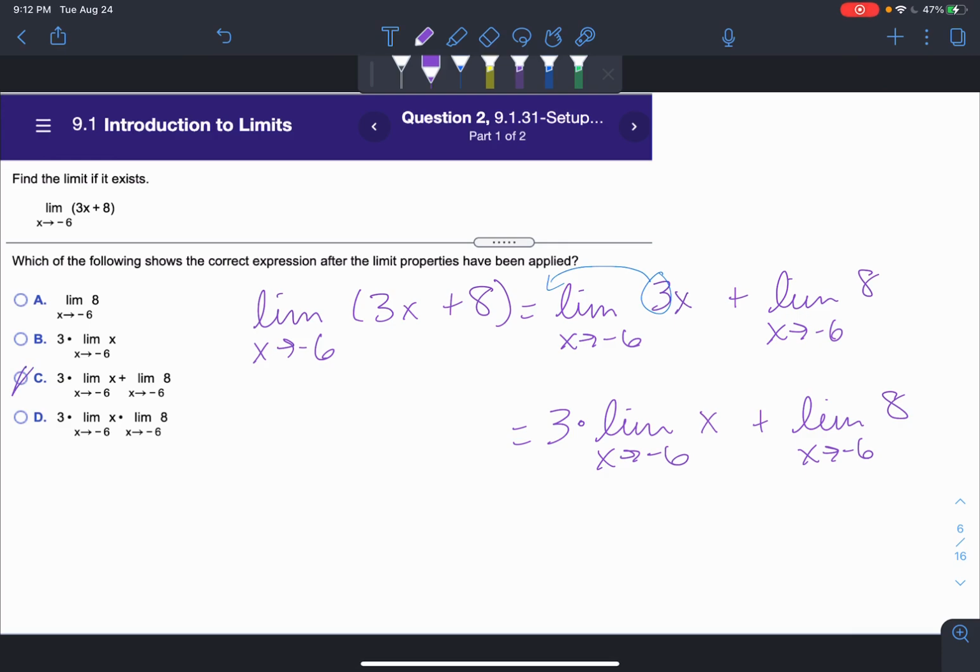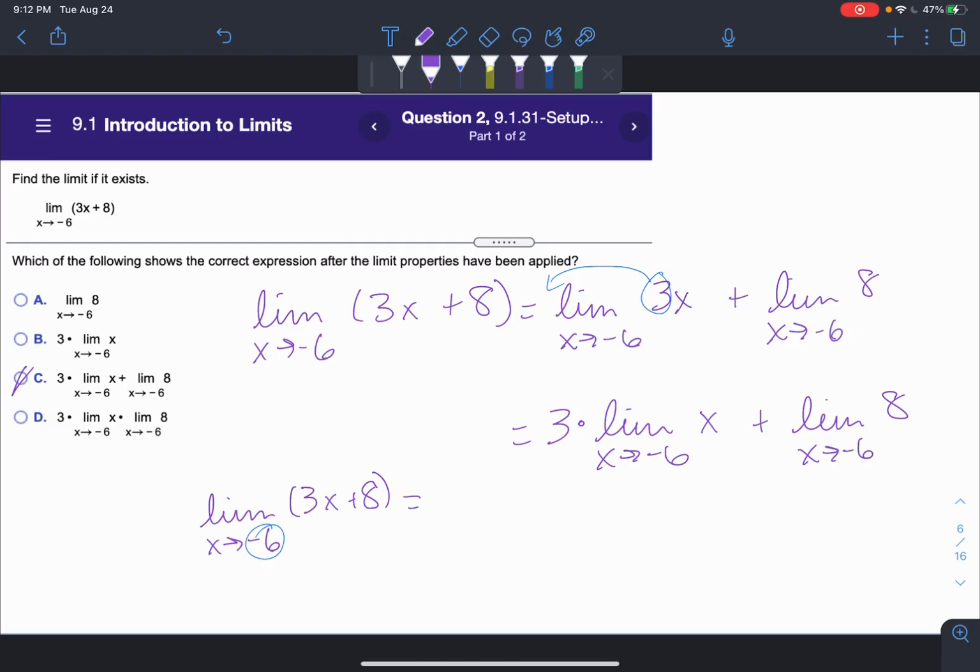Okay. And then the second part to this question would be to find what this limit is equal to. So the limit as x goes to -6 of 3x plus 8. The first thing you want to do when you have a limit and you're trying to evaluate it is just try plugging in this value. See if you get a number.